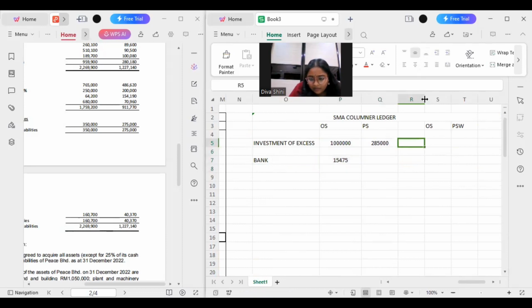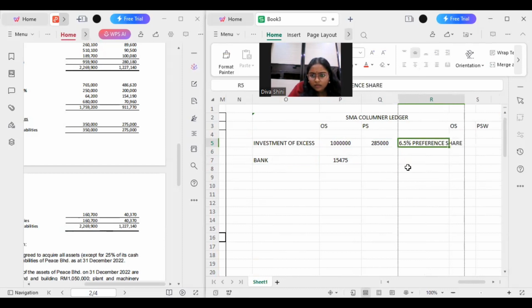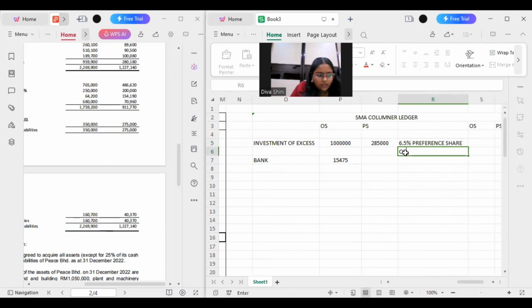And for the credit side, we need to include the ordinary share, preference share, everything. So from the additional 6% preference share, ordinary share, retained profit, general reserve, and also RA.